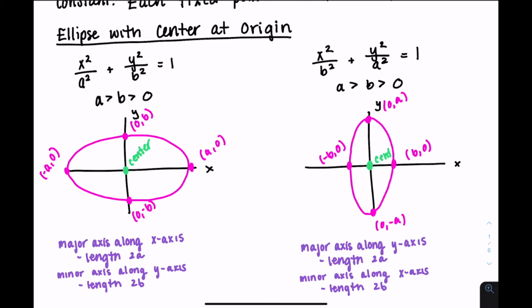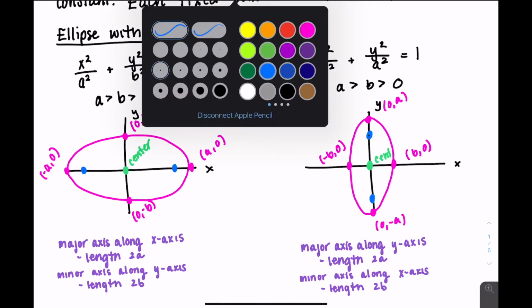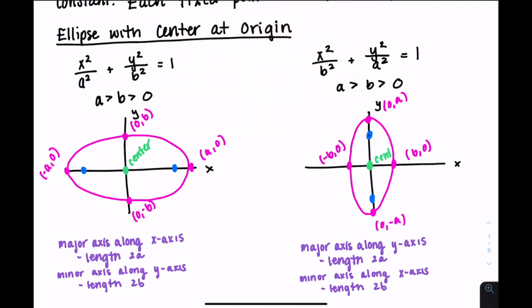Okay, so the foci are going to lie along that major axis. So here, our foci will be along the x-axis, and here they'll be along the y-axis. The way this definition is formed is if you take a point on the ellipse and you look at the sum of the distances from each focus, it'll be the same regardless of the point you pick.